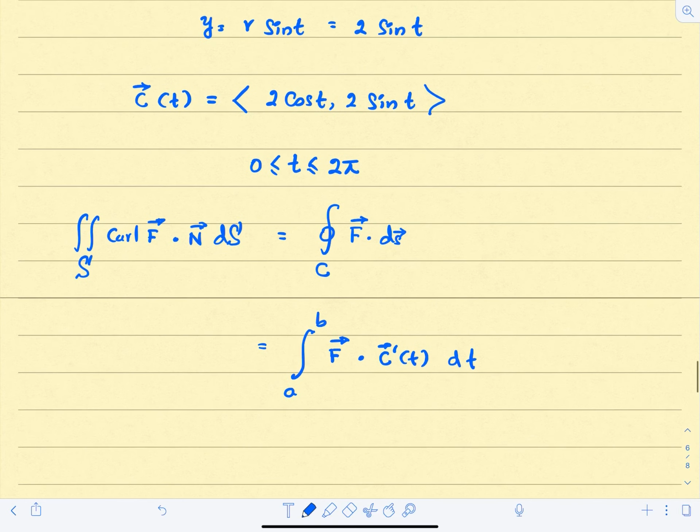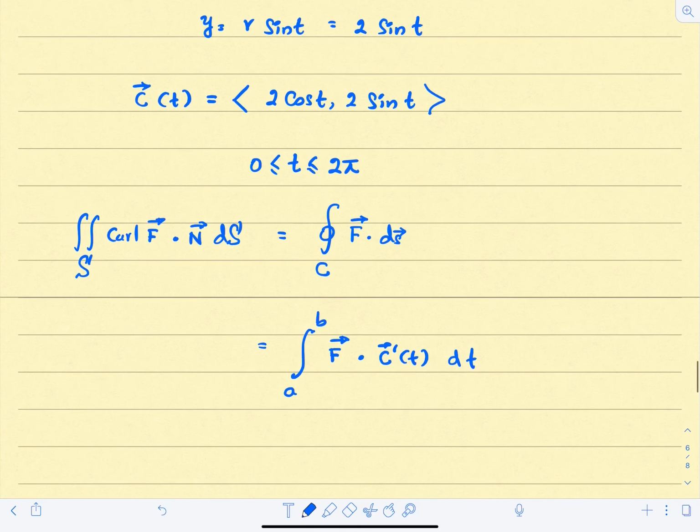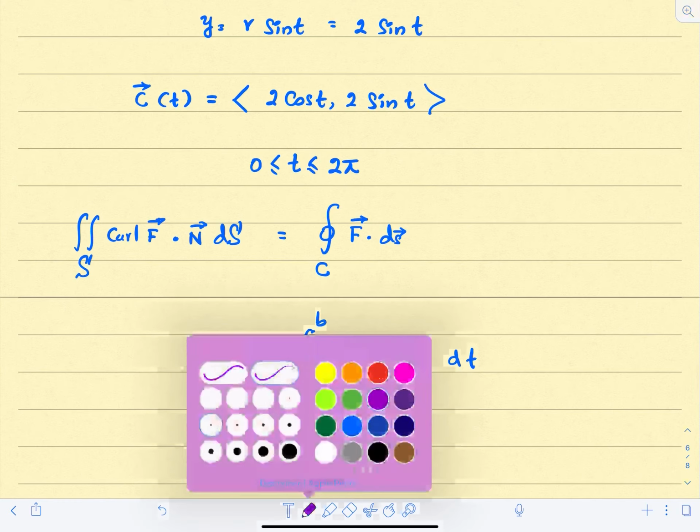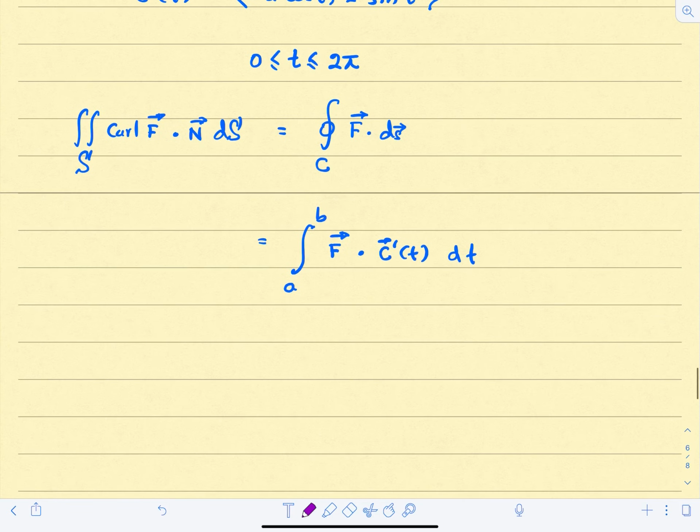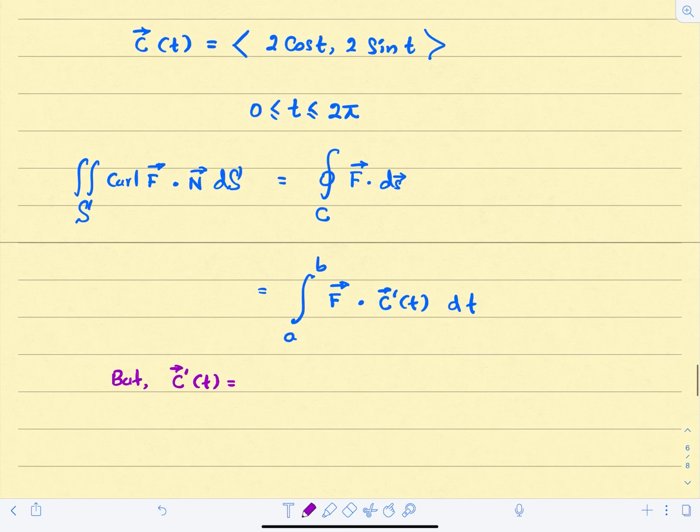So now we need c prime t. Let's calculate c prime t: negative 2 sine t and 2 cosine t.